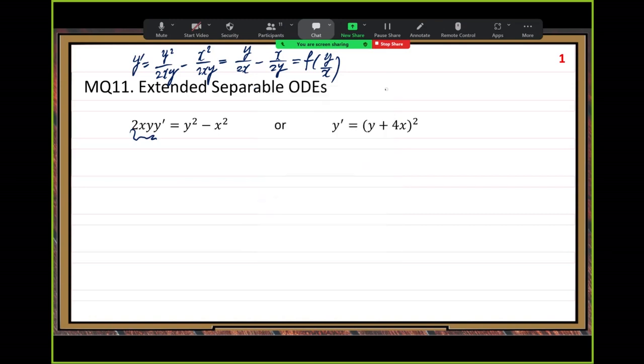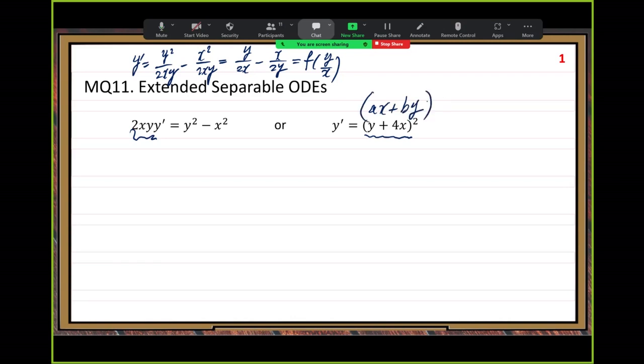So this format, f as a function of y over x, is the first type. The second type: inside the parenthesis, it is ax plus by format.